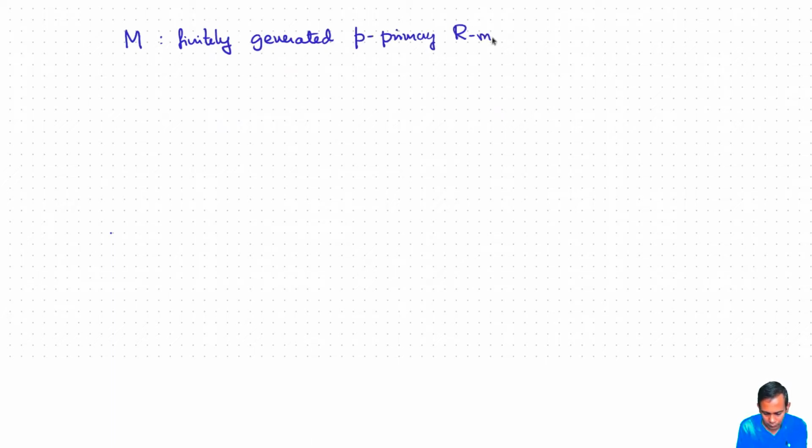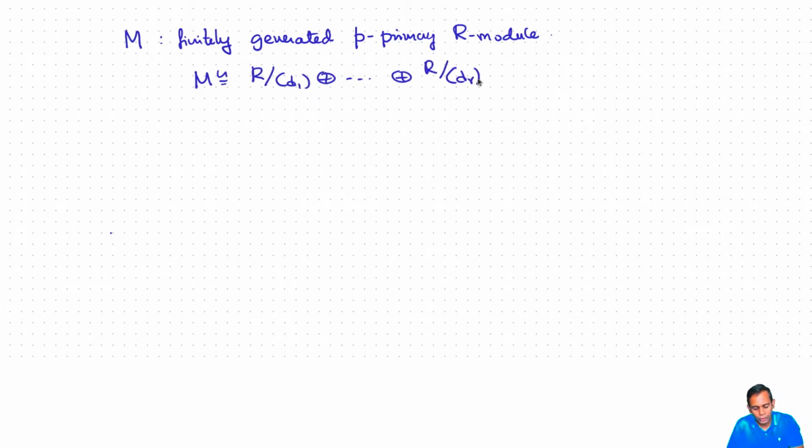As a consequence, suppose M is a finitely generated P primary R module. Then a priori we know that M is isomorphic to R mod D1 plus through R mod Dr. It's torsion because it's P primary, so there's no free part, there's no R to the power f, for some D1, D2, through Dr where D1 divides D2, and so on.